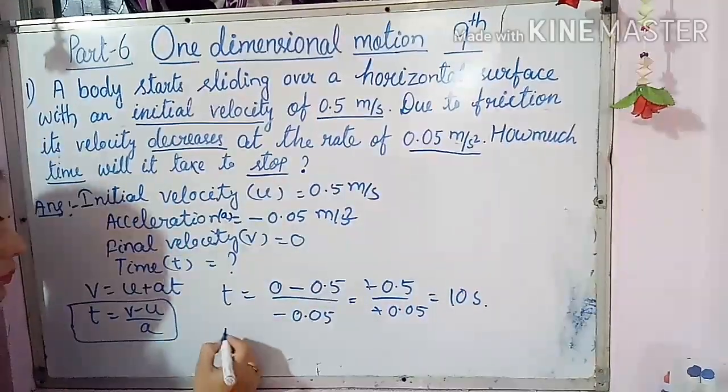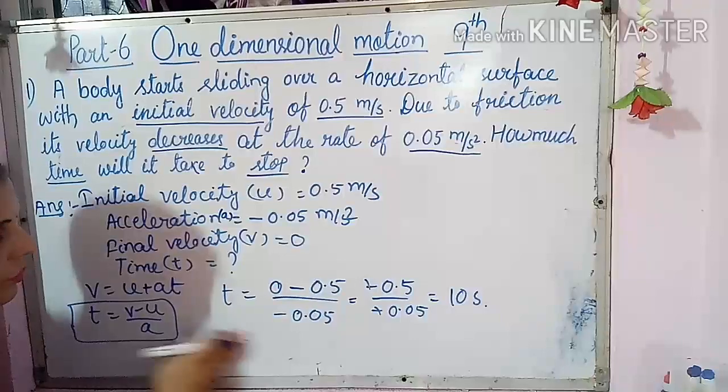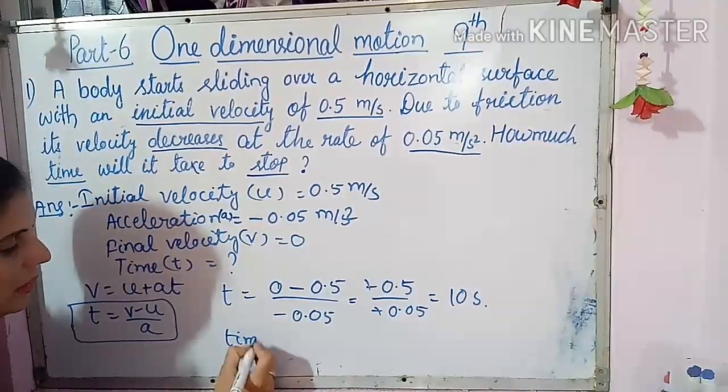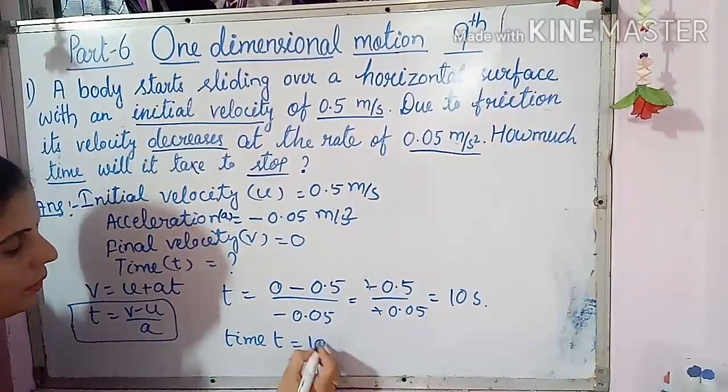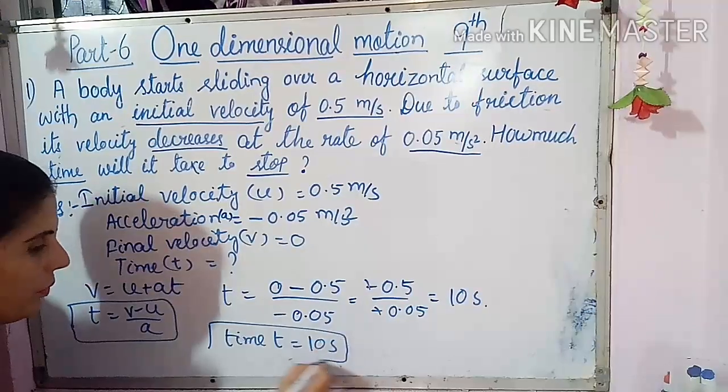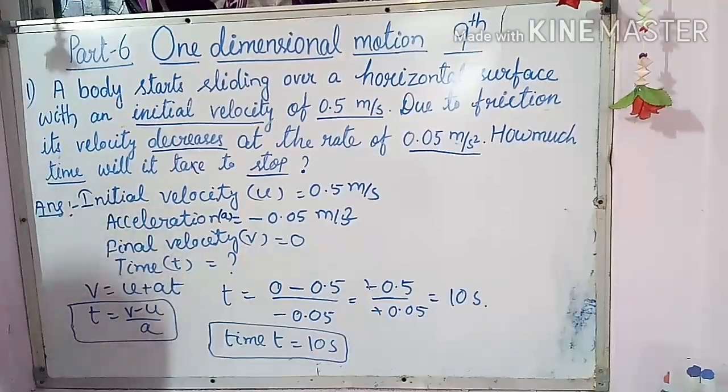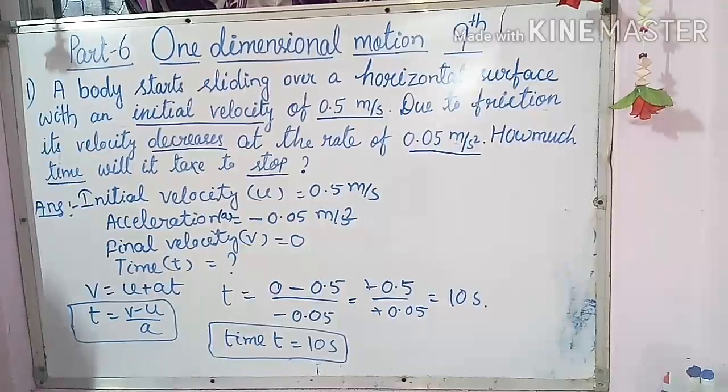So your time, you can write in full also, is the final answer: time t equal to 10 seconds. That much only you can do in your exam. Now you can write it in your fair notebook also, and practice it properly so that you can do it in your exam. Now children, go to the next question.